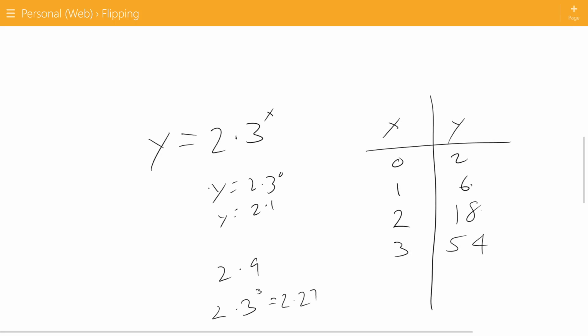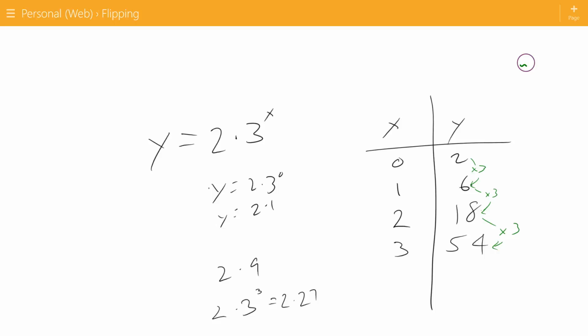Well, the secret is in the big factor of why exponential functions work: you're just multiplying by 3. So 2 times 3 gives me 6. 6 times 3 gives me 18. 18 times 3 gives me 54.